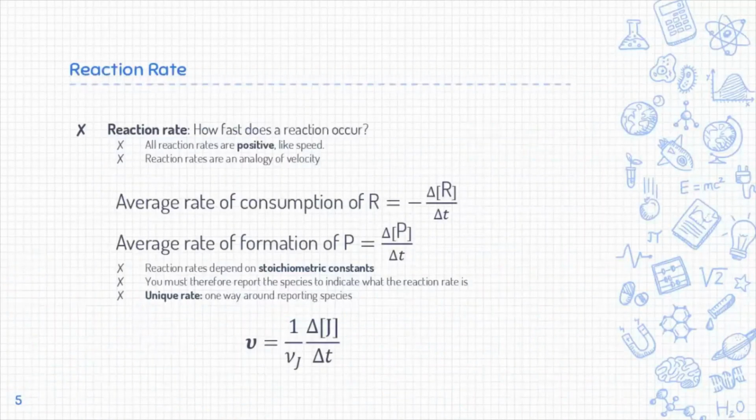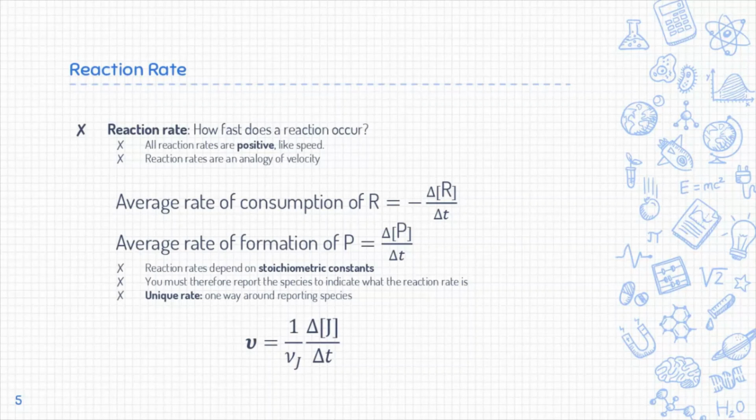So, as I was saying, the average rate of consumption here is a negative. Why do we put a negative value there? Well, because if it's being consumed, you would assume the concentration final minus concentration initial, which is basically delta R, would be negative.